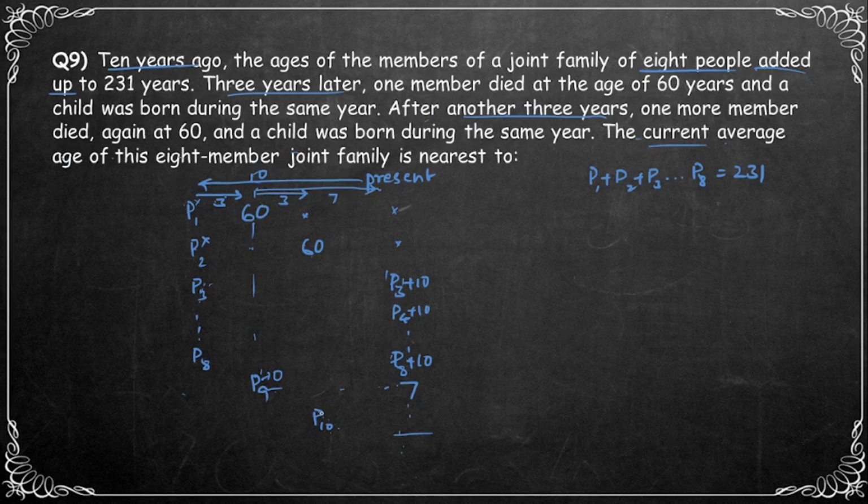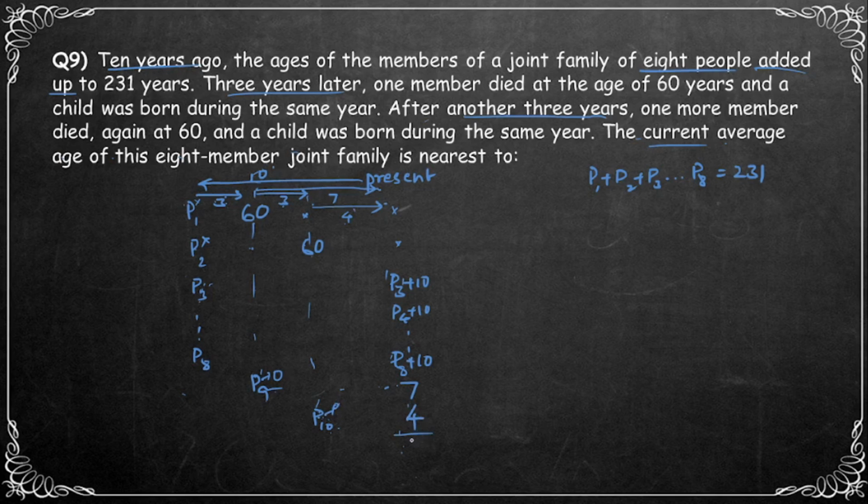Now P10's age similarly. From here till here the difference is 10 minus 3 plus 3. So that means 10 minus 3 is 7, 7 minus 3 is 4. So the difference from here till here is 4 years. That means P10's age at birth will be 0, and P10's age at present will be 0 plus 4, which is 4.